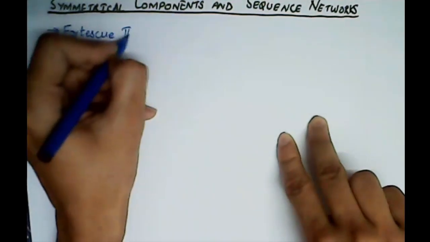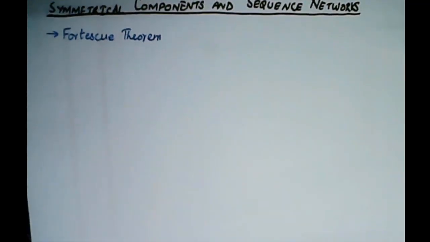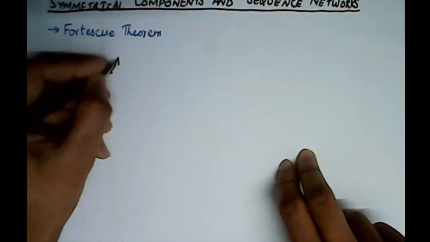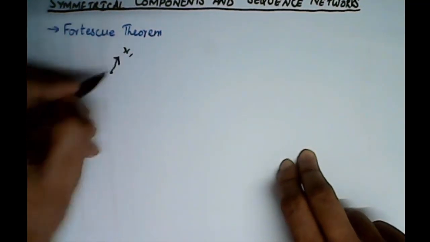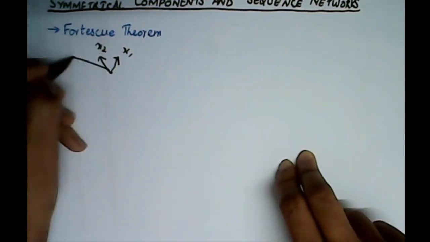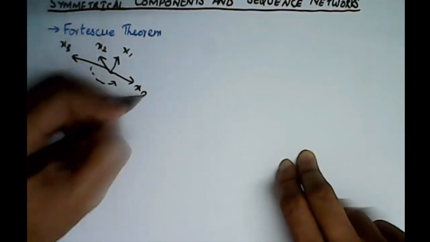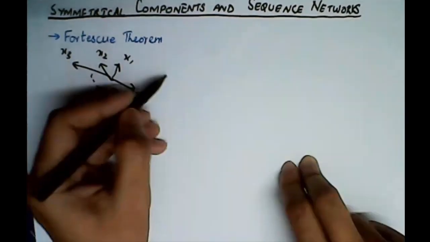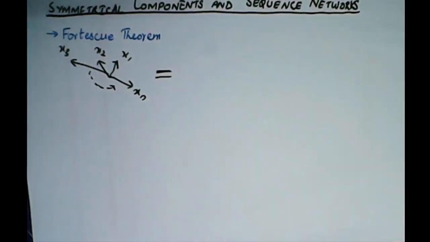Now what the Fortescue theorem says is that if you have n unbalanced vectors, let's say x1, x2, x3, and all of these are unbalanced, up to xn, then in order to analyze these vectors, you can convert them into a sum of n balanced vectors.